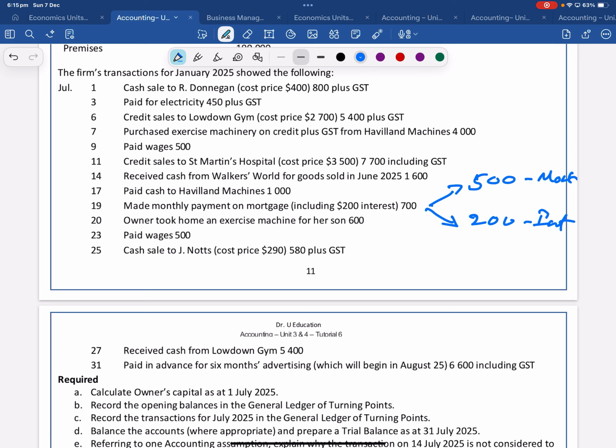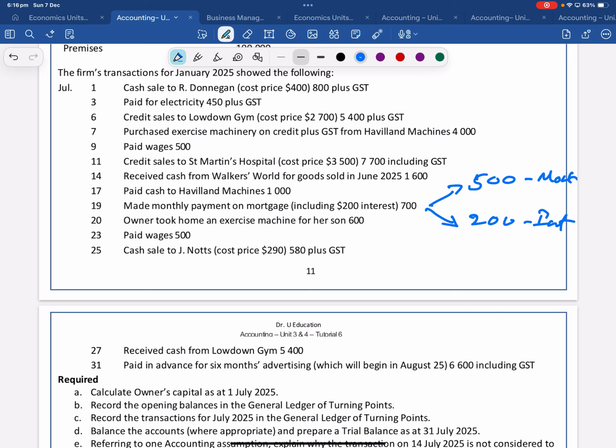Assuming this is six months of advertising, let's say it is 6,000. That means every month it is 1,000. So when we prepare the balance sheet for next month, the prepaid advertising will be 5,000. It's like the depreciation we take, which we are doing at the beginning of Unit 4.